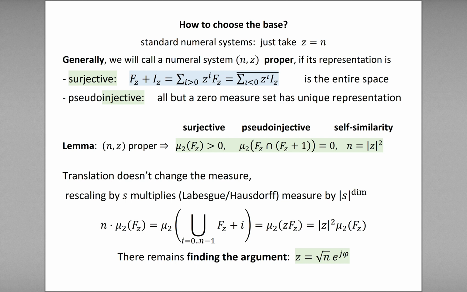So we need the relation that n has to be the modulus of z to the power of the dimension. Here we use dimension 2. I will also mention dimension 3, where by analogy it will be the third power of z. So then there remains this difficult question: how to find the argument of z. This is really tough.